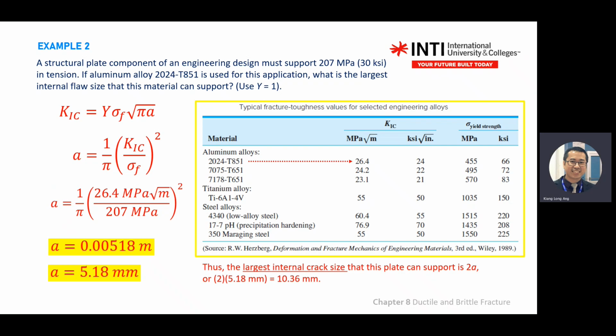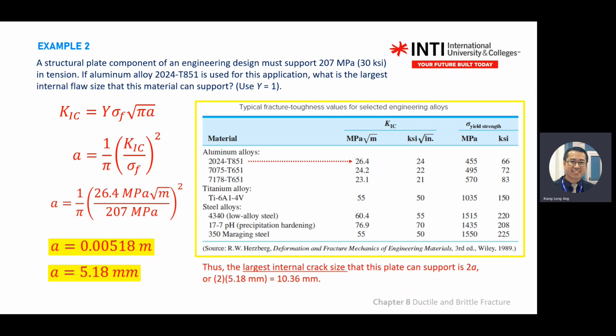It depends on the question. Sometimes the question will give you directly the V notch sample size. Meaning, it will give you a scenario: now you're conducting an experiment, you're given a V notch sample, and you're having an impact test.